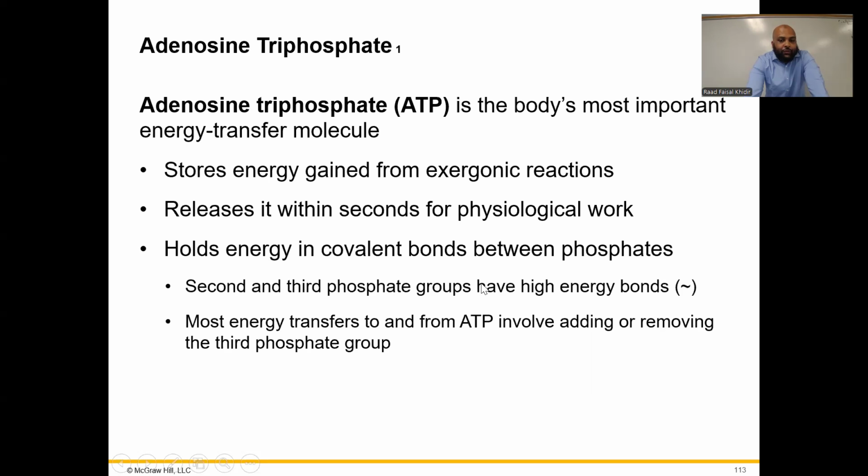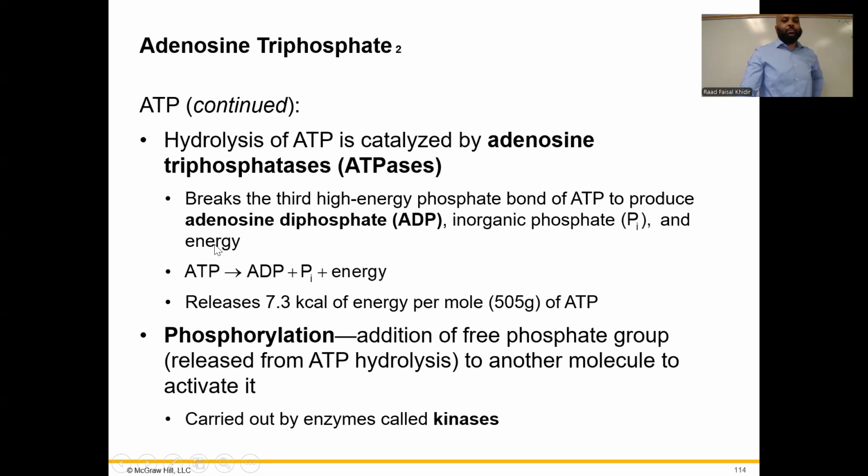The second and third phosphate groups have high energy bonds, and most energy transfers to and from ATP involve adding or removing the third phosphate group. The hydrolysis of ATP is catalyzed by enzymes known as adenosine triphosphatases.